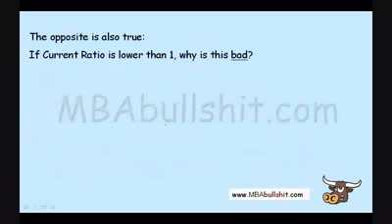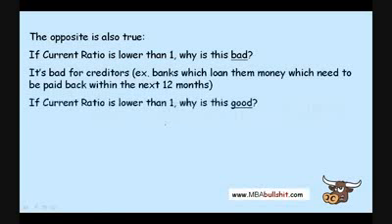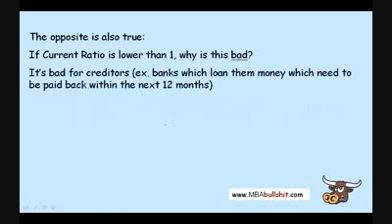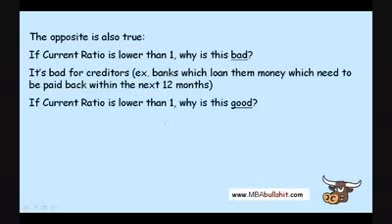Now, the opposite is also true. If the current ratio is lower than 1, why can this be bad? It's bad for creditors, because the bank might not be able to be paid back within the next 12 months. But can a lower ratio also be good?